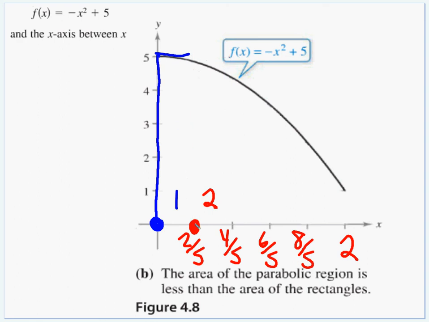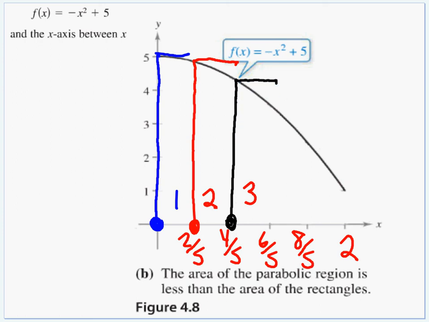Rectangle 3's left endpoint is 4/5, and we're going to go up until we hit the curve and break right. Rectangle 4's left endpoint is 6/5. We're going to go up till we hit the curve and break over.